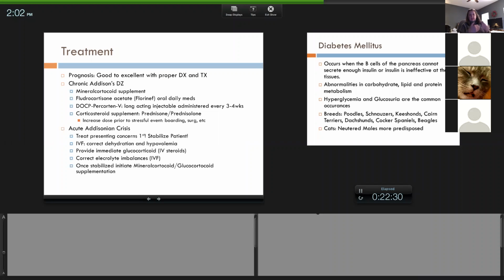If we know there's going to be a stressful event, like no one can predict somebody's going to ring the doorbell, but if you know they're going to board the dog, which is typically stressful, or you're going to have a pet sitter in the house, if you're going to change the routine or if there's something that's stressful, the owner can go ahead and supplement and give this prednisone, because remember, the adrenal cortex is what's responding in times of stress. So we have to supplement what they're lacking. So these are some treatments that can be beneficial.